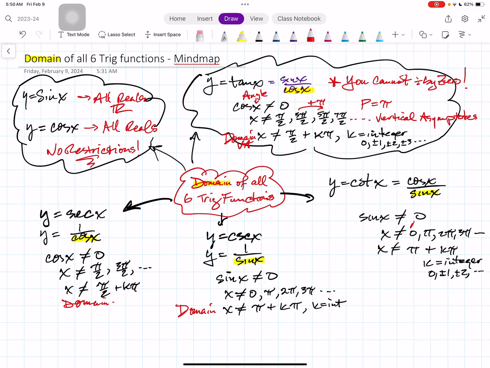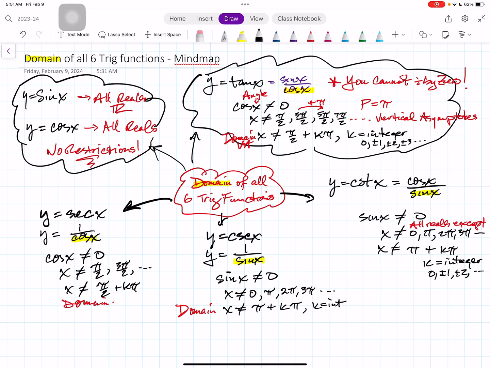So all reals, except, notice that key word there, 0, pi, 2 pi, and so on, and their negatives. So plus or minus there. So there we go.